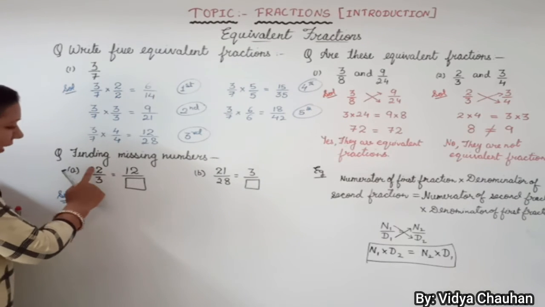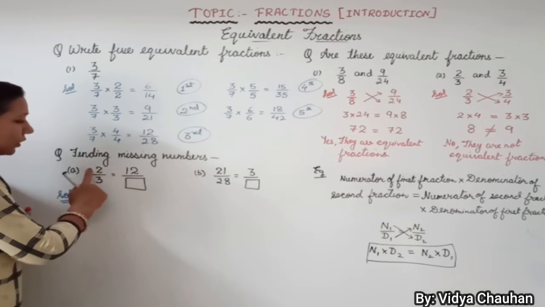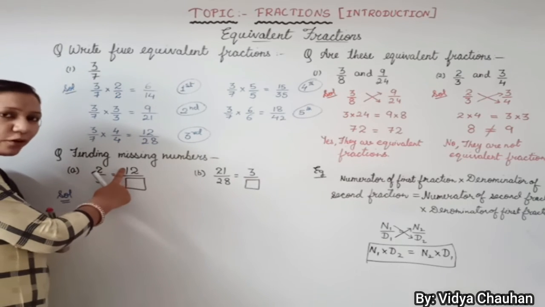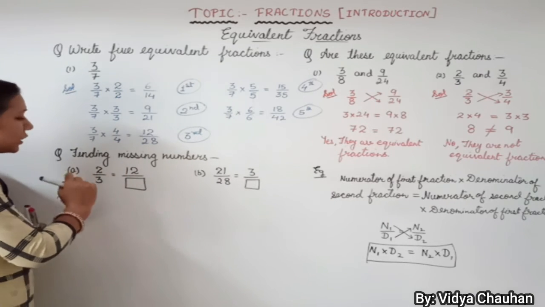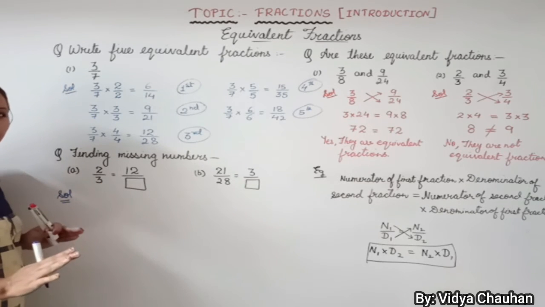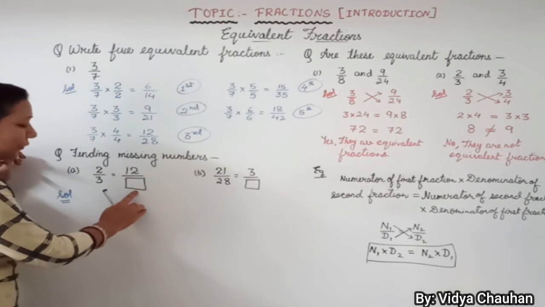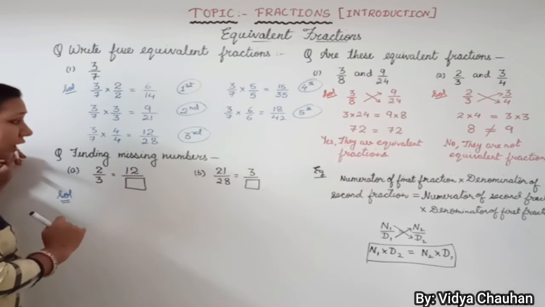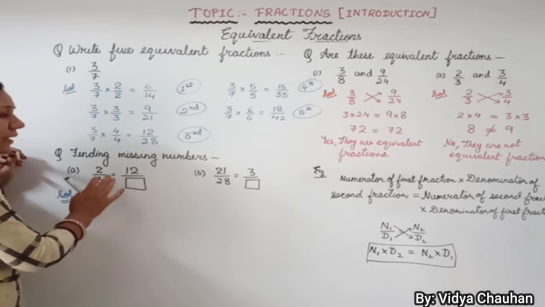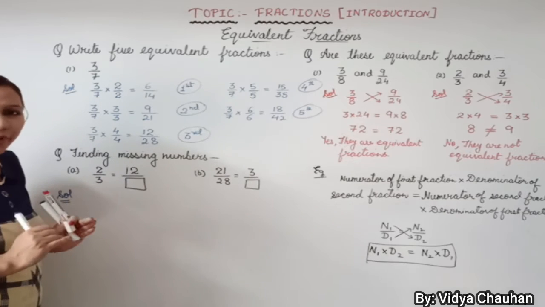Very first, you can see that we know the numerator of first value also and the numerator of second value also. At the same time, denominators are not known to us. So if you have to find this denominator, since equals to sign is there, that means we will consider that they are equivalent fractions.